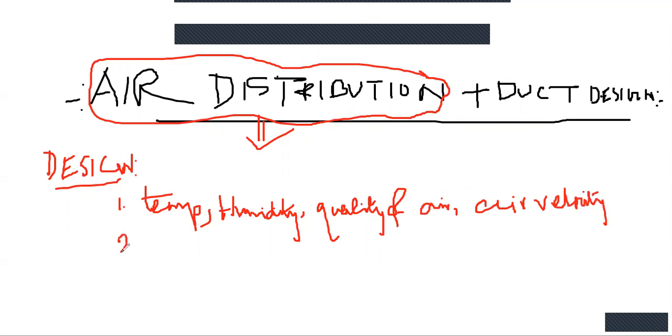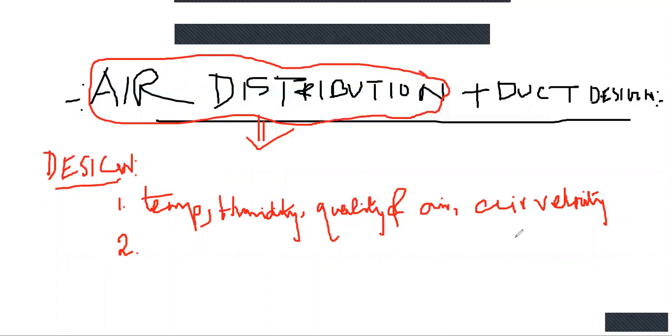This is our first part. In our introduction of AC, I have already told you that to design a perfect air conditioning system, we have to maintain the temperature, humidity, quality of oxygen, quality of air, and air velocity.